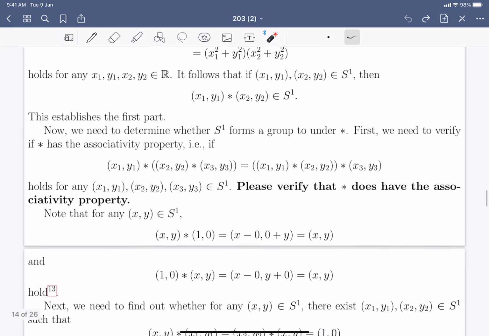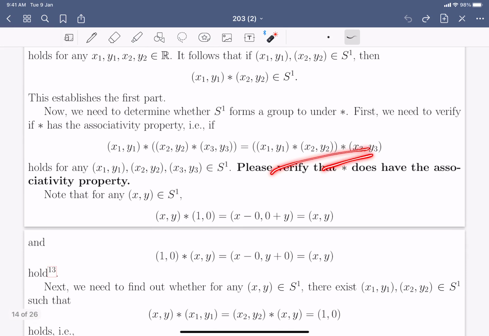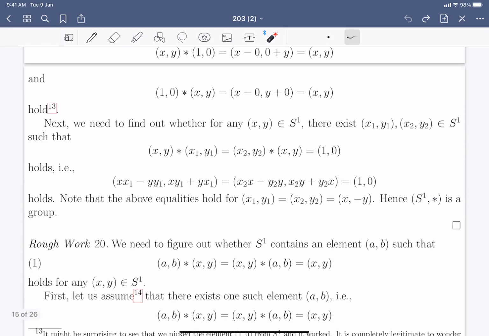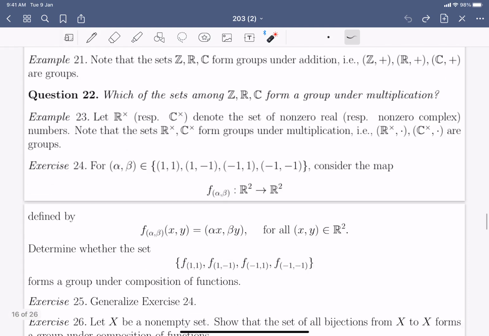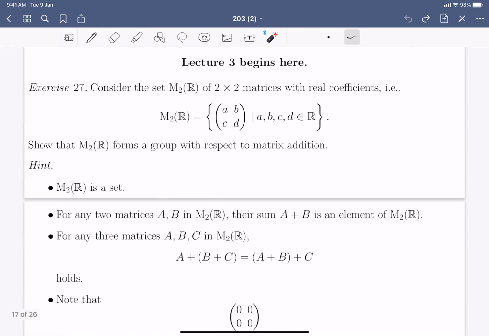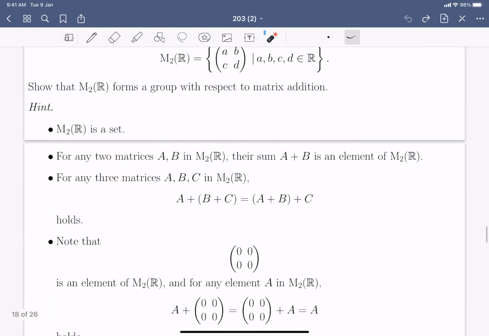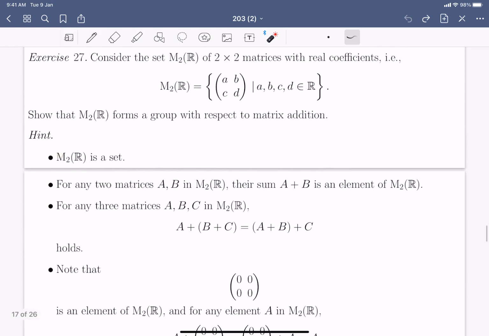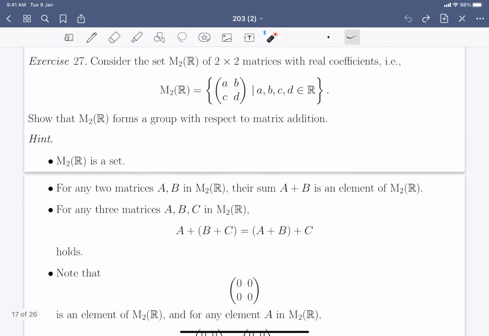Then the associativity was left for you as an exercise. And then we showed the existence of identity, and the existence of inverse. It will be much better if you verify all the steps on your own, but I'd like to point out the key steps that we need to go through.